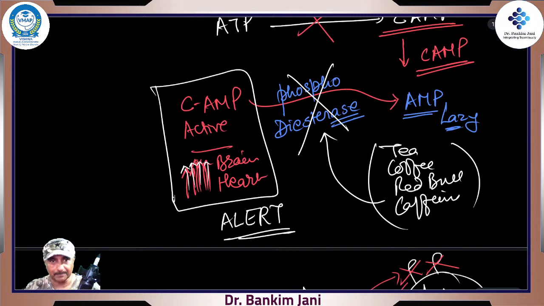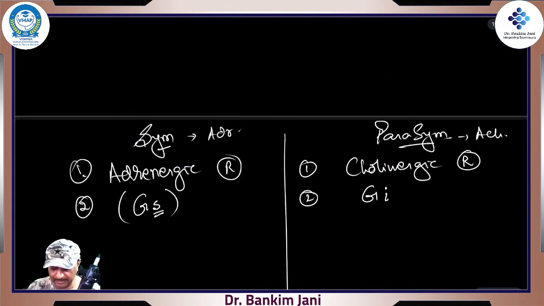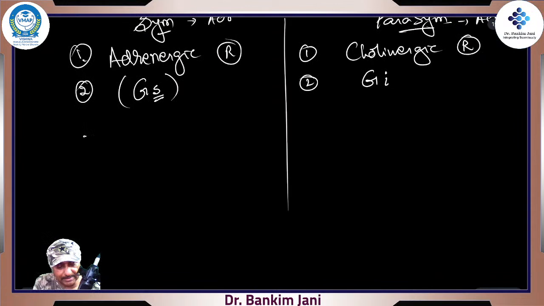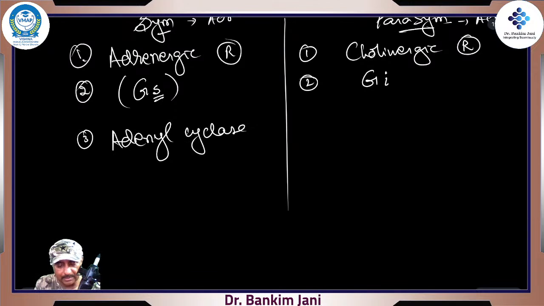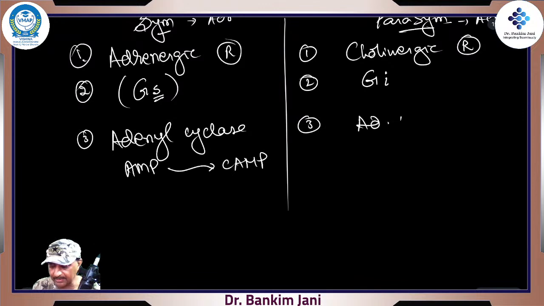So here we have adenyl cyclase, which was converting AMP to cAMP, and over here this adenyl cyclase has the inhibitory effect, so that we have AMP back.